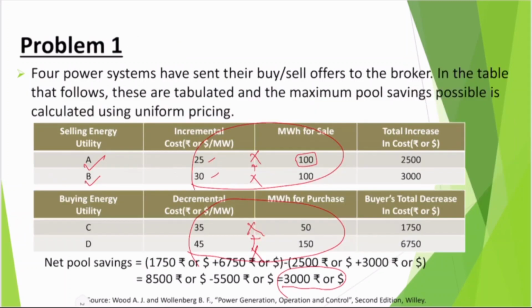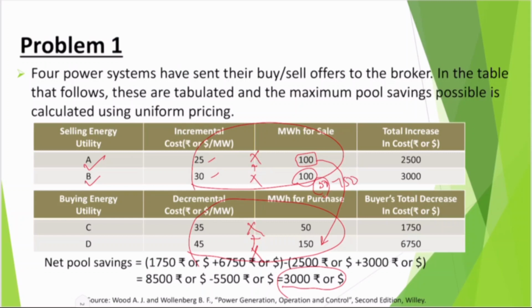That means A is selling all the 100 megawatt hour to D, and B's 100 is divided into two blocks, 50 plus 50.